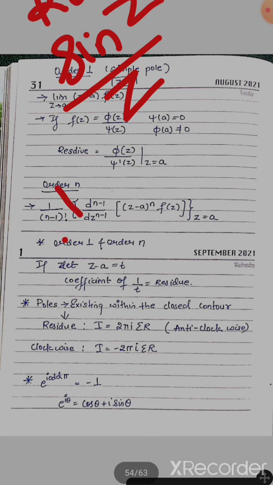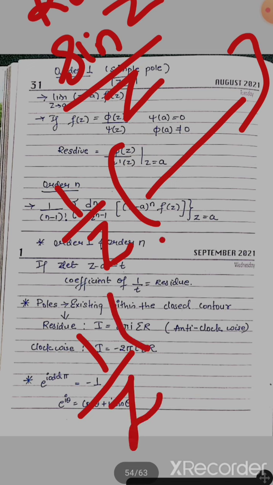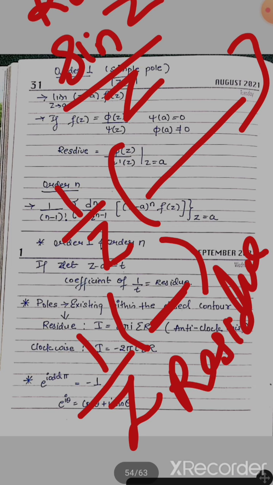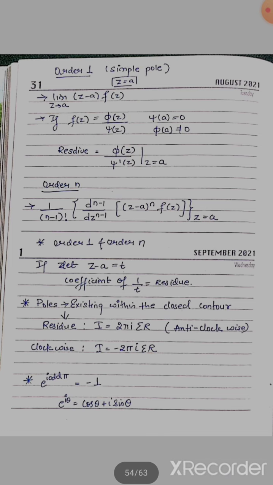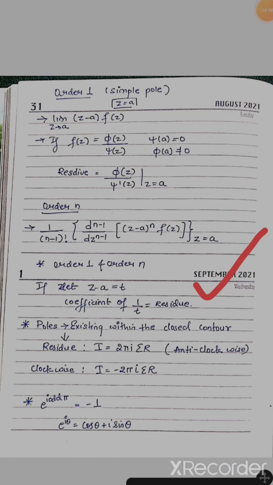When you put the expansion of sine z, you will get the form where 1 by z remains. Just take the coefficient of 1 by z, and that will be your residue. This is one of the tricks you should remember. Now coming back to the poles.